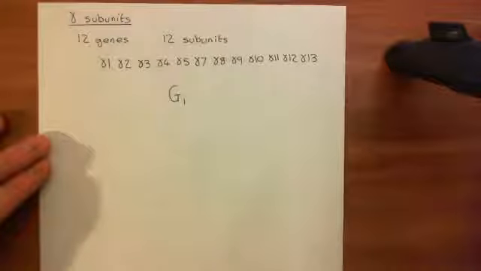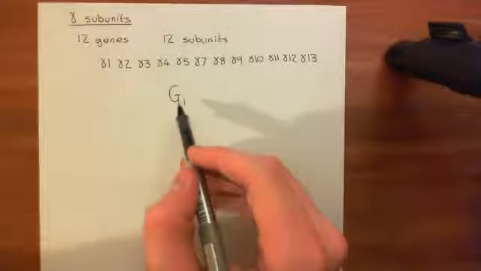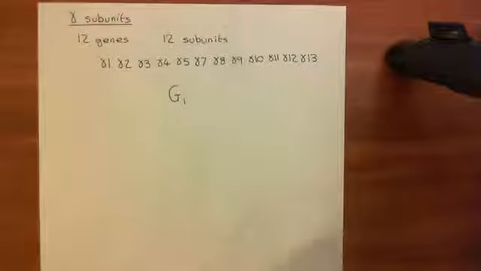Instead, they don't even mention which beta and which gamma subunit, but they do tell you something about the alpha subunit. Generally they don't tell you exactly which alpha subunit you're working with, but they give you a good clue. When people put an i down there, they generally mean that it's got an alpha subunit which is either G alpha i1, G alpha i2, or G alpha i3. We'll see the effects of these G alpha i subunits in the next video.